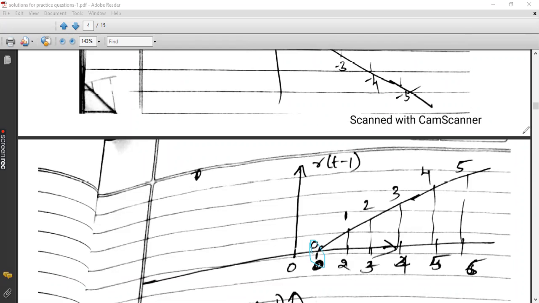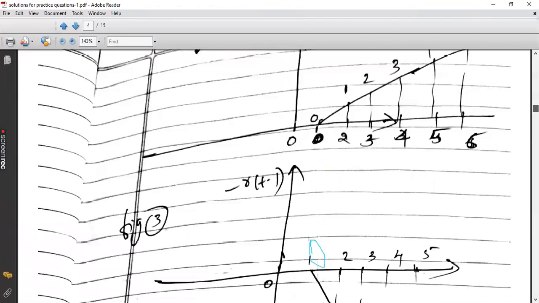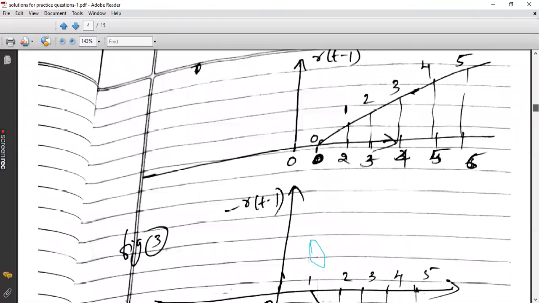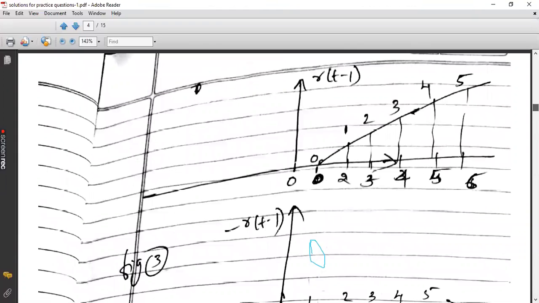After plotting r of t minus 1, you have to plot minus r of t minus 1. So you have to reverse the amplitude towards the negative side. So the same graph will come down. Draw it. That is figure 3.